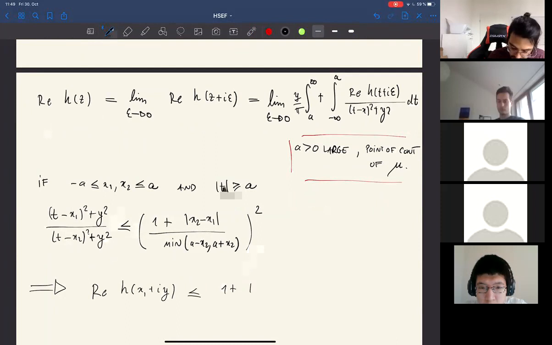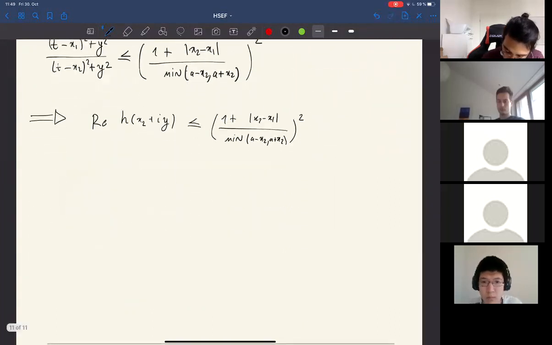x1. Oh no, this is supposed to be x2 then. x2, and then you have this, squared, and then this would be again the real part of h of x1 plus iy.